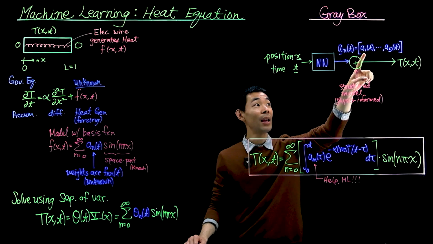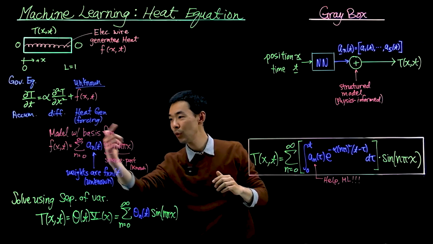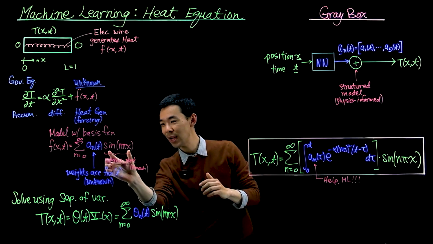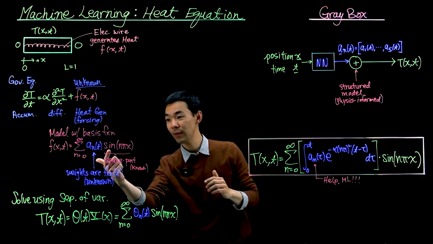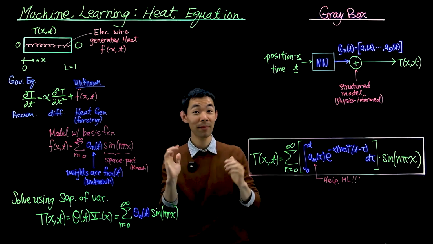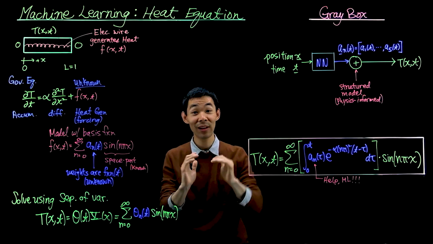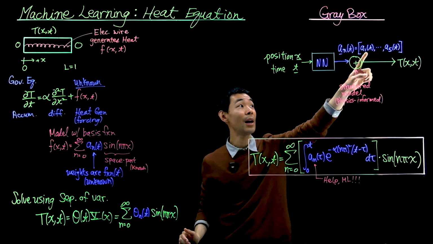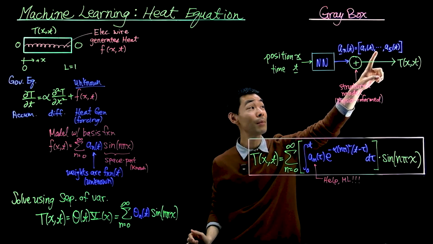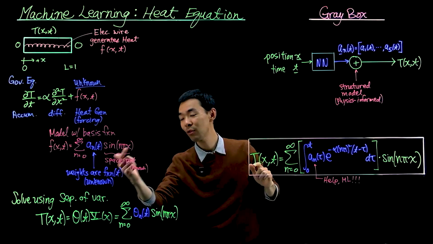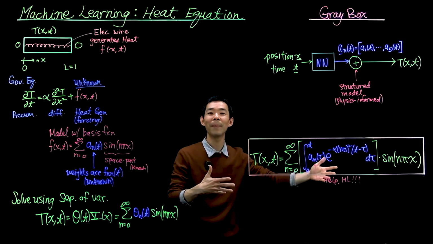It's going to have a1, which corresponds to this coefficient for sine 1 pi x. So once we have a sub 1 of time, we have sine 1 pi x. Great, we found that coefficient and its variation with time. Sine 2 pi x will correspond to a sub 2 of t, and so on. A3 would correspond to sine 3 pi x, and so on.